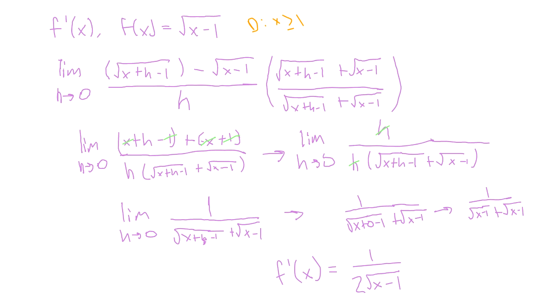So we're going to have a similar domain where x is greater than 1. But it's interesting to note that if we have functions with limited domains, their derivatives are going to have very similar, if not the exact same, domains. So now let's try one more example that also has a limited domain and see if the same thing works out.